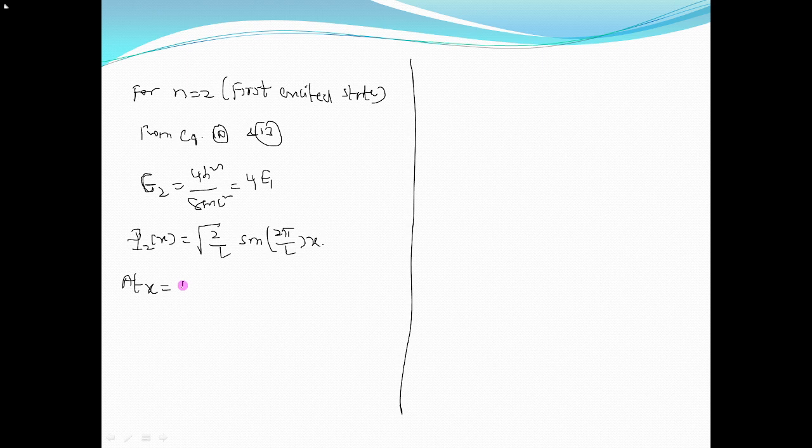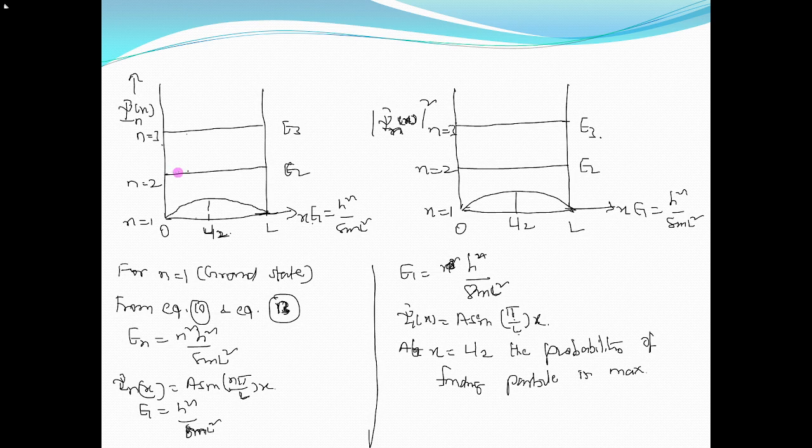So at x is equal to L by 4, the probability of finding the particle is maximum.